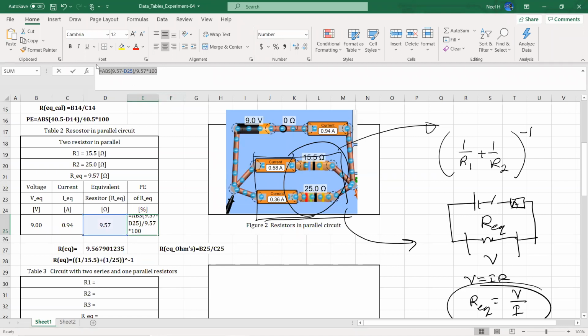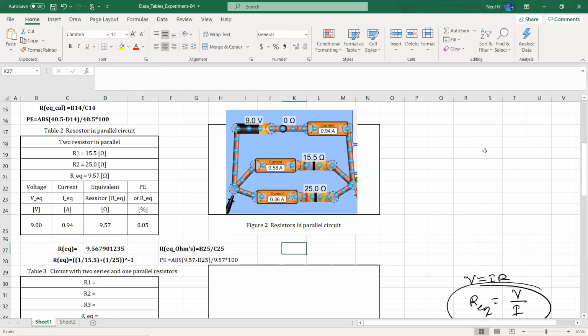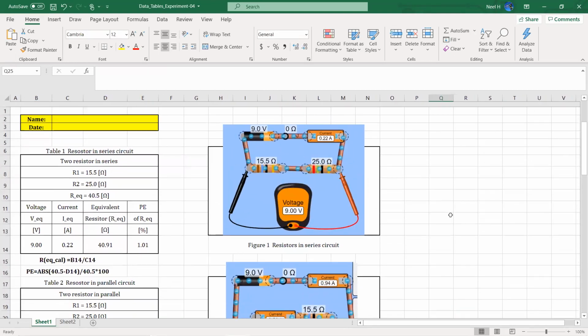I think again 2 decimal places is enough. No meaning keeping more decimal places there. Let's copy paste that command into here. Okay, guys, any question? Okay, so that is that simple.